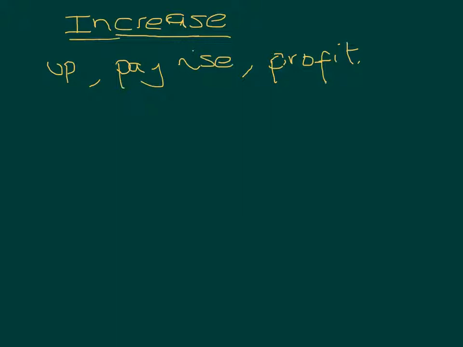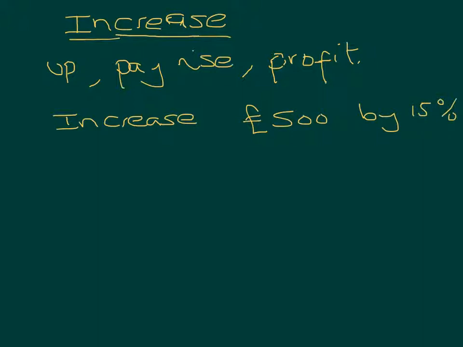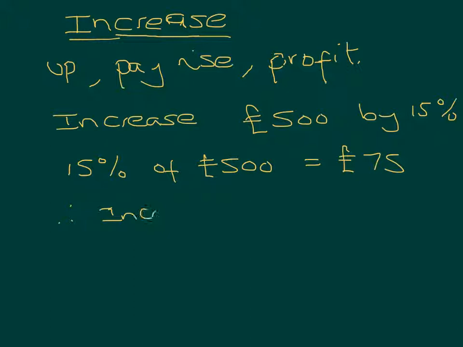So if we're told to increase £500 by 15%, we can find 15% of 500, like we've just done, so we know that's 75 pounds. Therefore, an increase will be our original amount, £500, plus our 75.